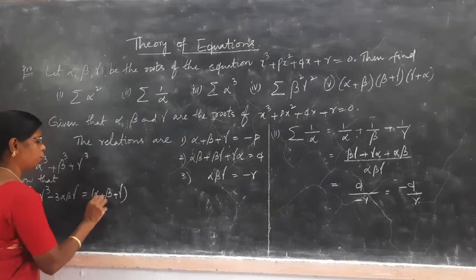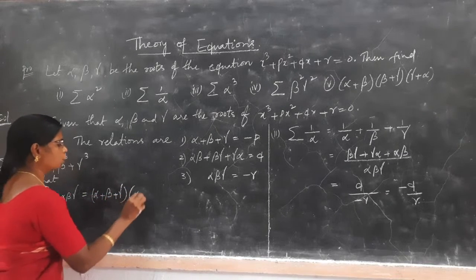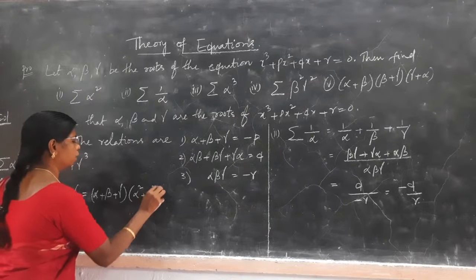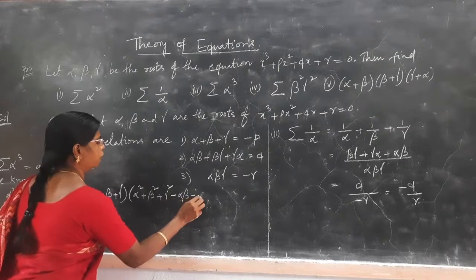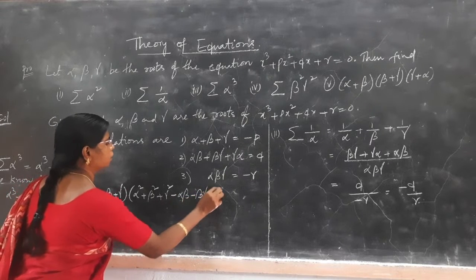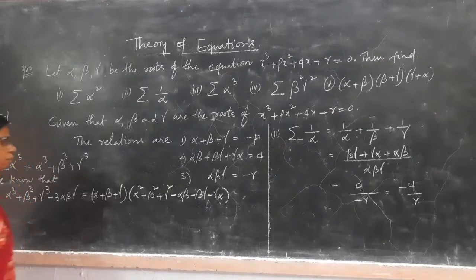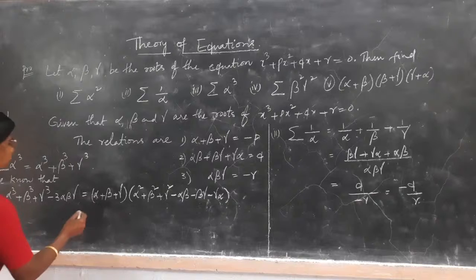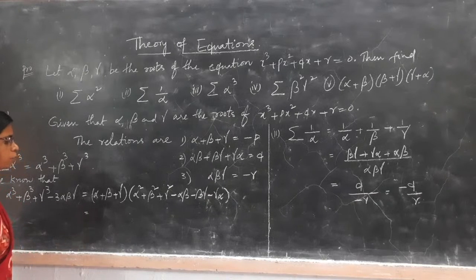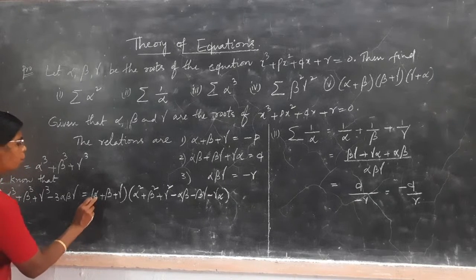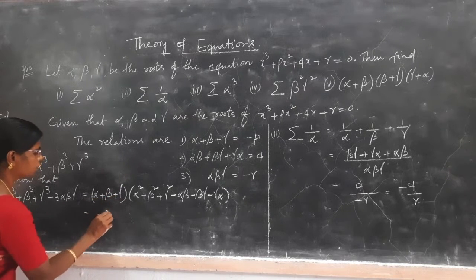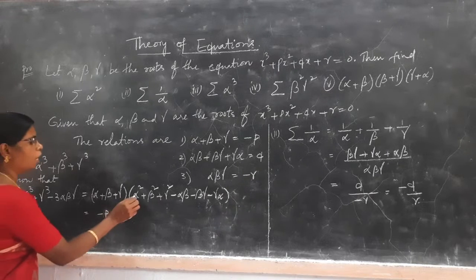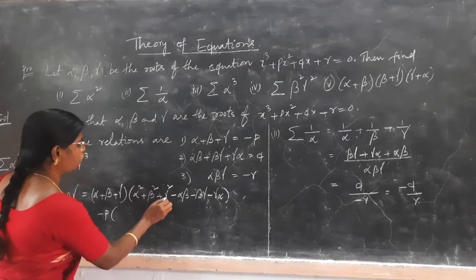Remember the formula: (a plus b plus c)(a squared plus b squared plus c squared minus ab minus bc minus ca). Okay? So this is equal to (alpha plus beta plus gamma) and minus p, times (alpha squared plus beta squared plus gamma squared).